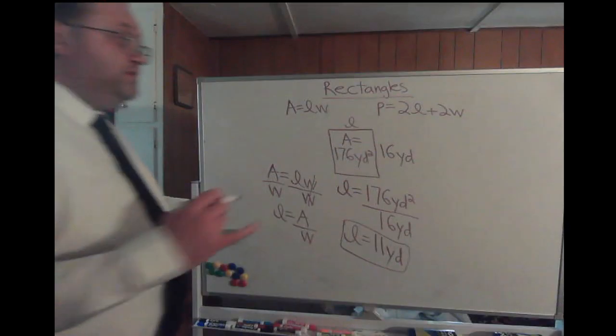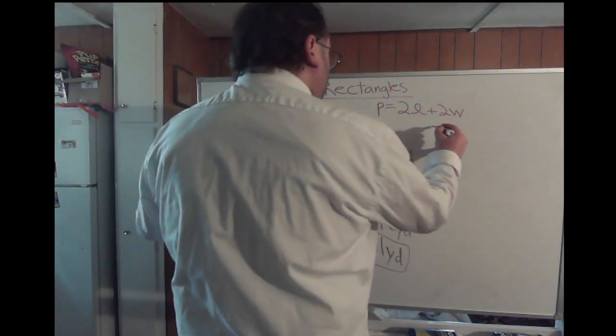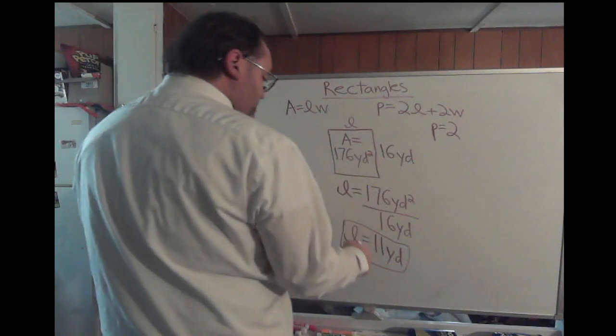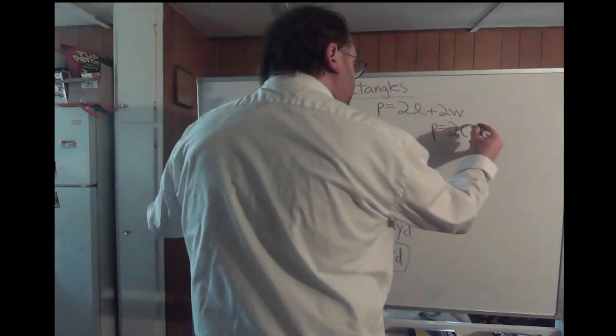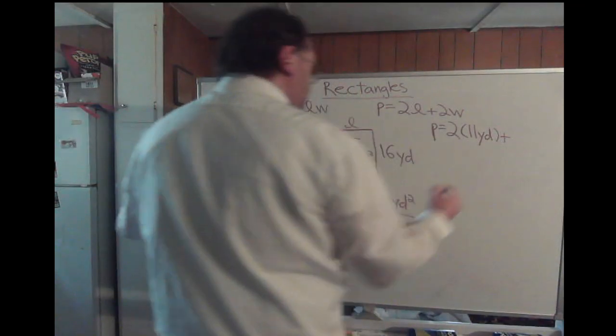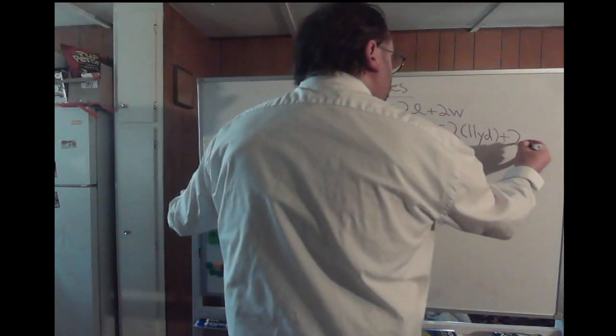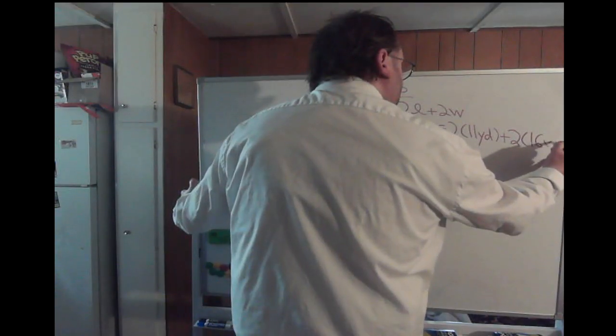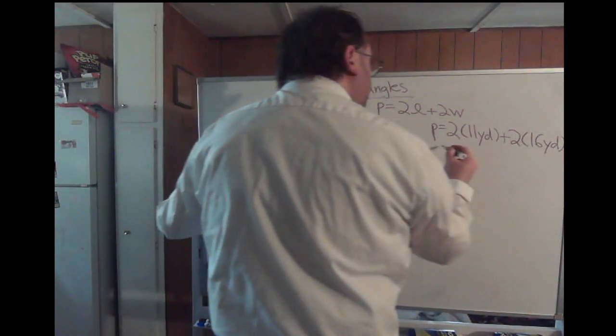Now they're going to ask you to find the perimeter of this rectangle. So the perimeter is equal to twice the length, which in this case worked out to be 11 yards, plus twice the width, which in this case is 16 yards. Alright.